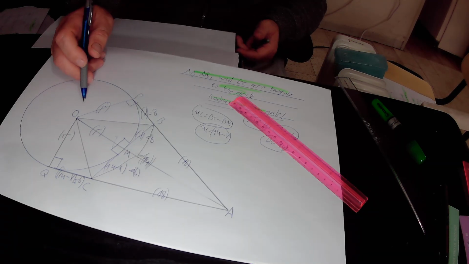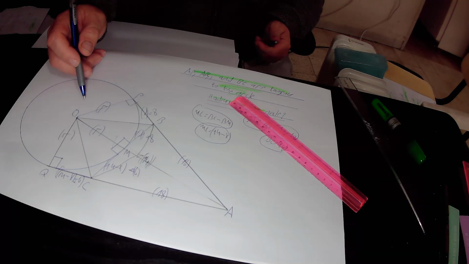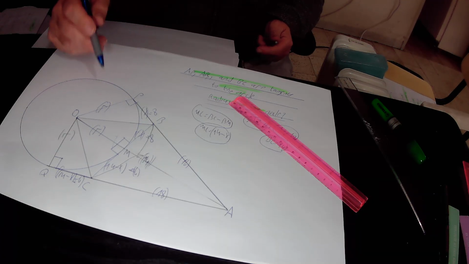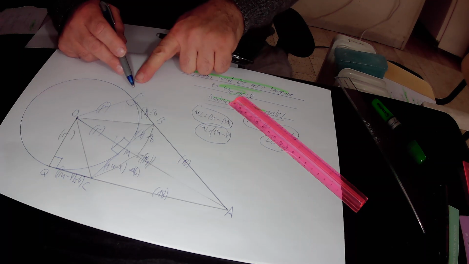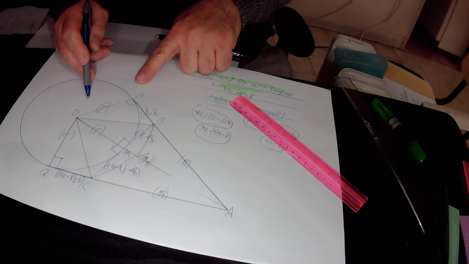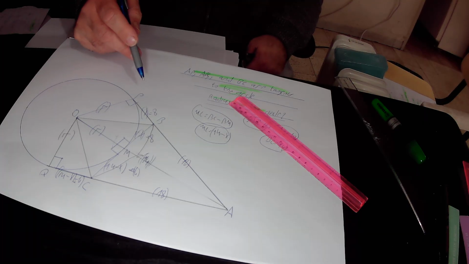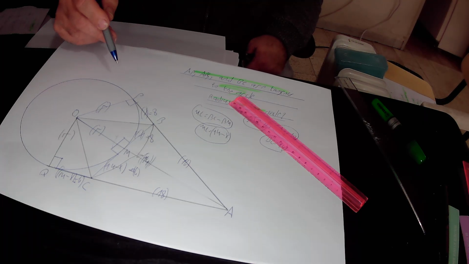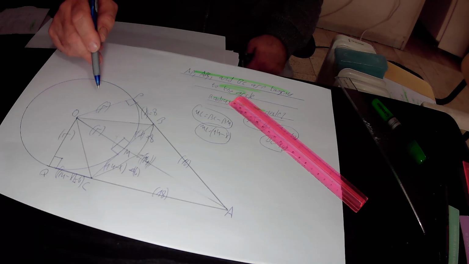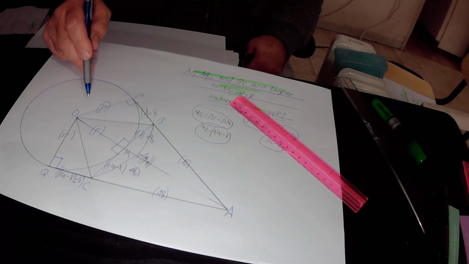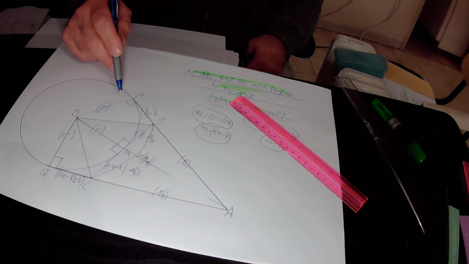The area of this upper small right triangle OPB is equal to the base PB times the height of the base, that is PO. The base PB is 8 times the height PO, that is R over 2. 8R over 2 is 4R. So the area of this upper small right triangle OPB is equal to 4R square units in its size.